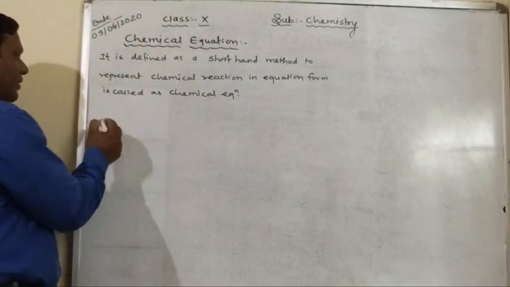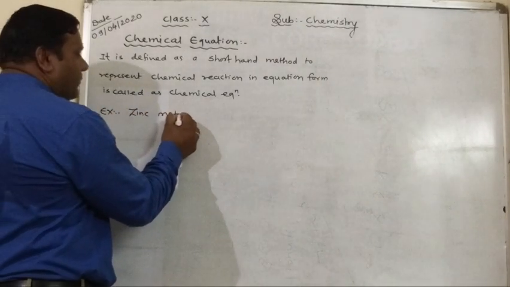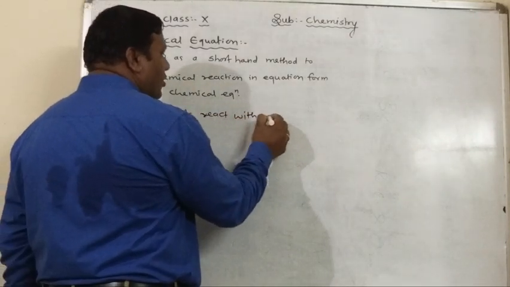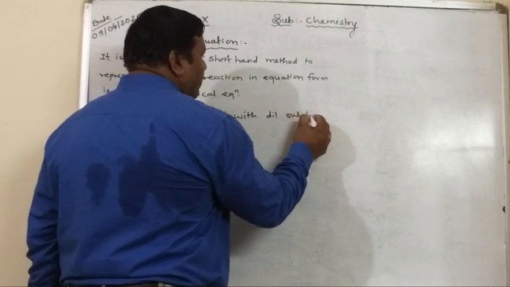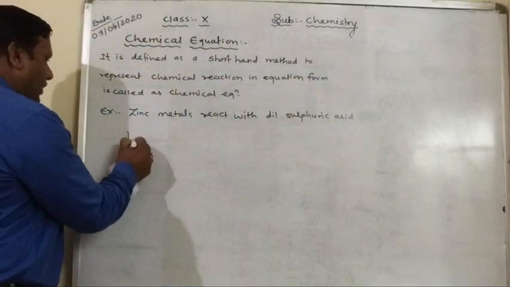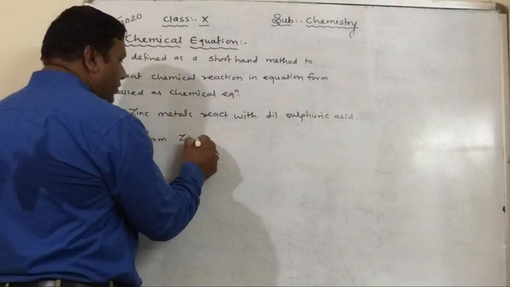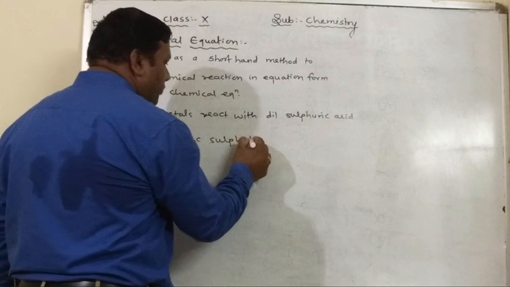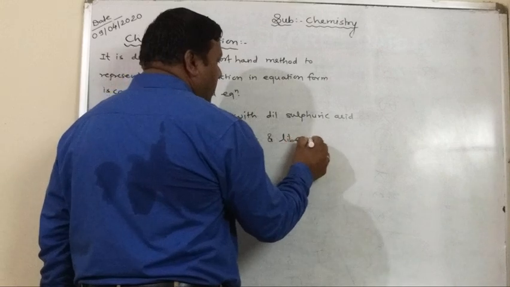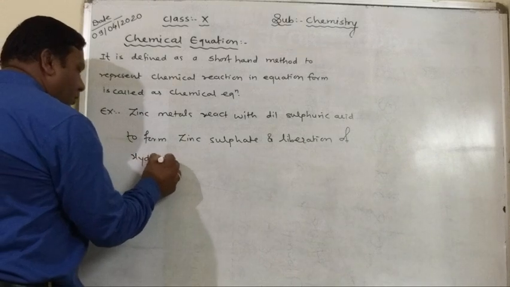Just for example, here we say that when zinc metal reacts with dilute sulfuric acid to form zinc sulfate and liberation of hydrogen gas.